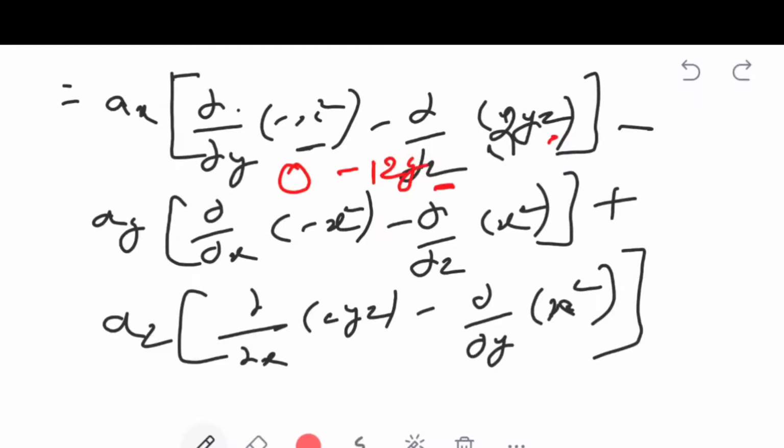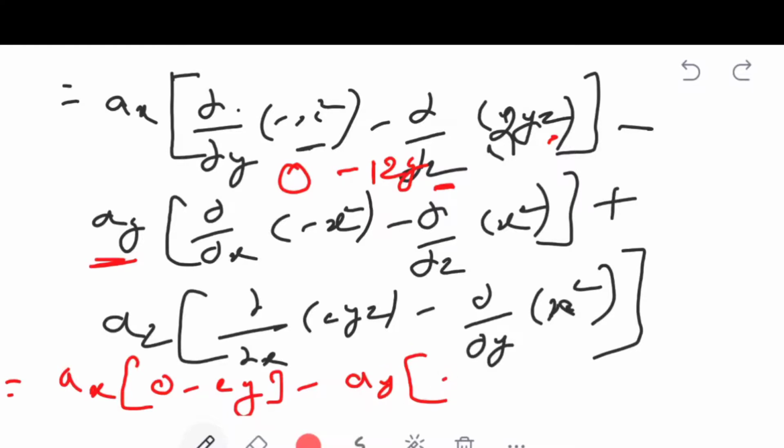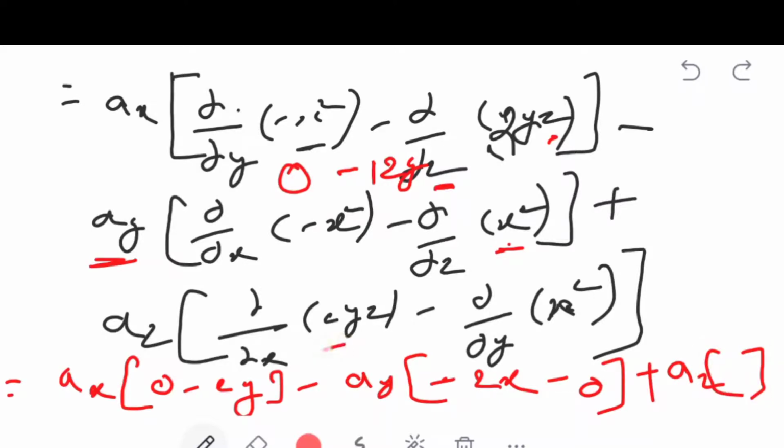That we have to write. That equal to what we can write? Ax into 0 minus 2y plus minus, now we are writing this, minus ay dou by dou x of x square. Dou by dou x of x square is minus 2x, minus dou by dou z of x square is 0, there is no z term here so 0, plus az into dou by dou x of 2yz.